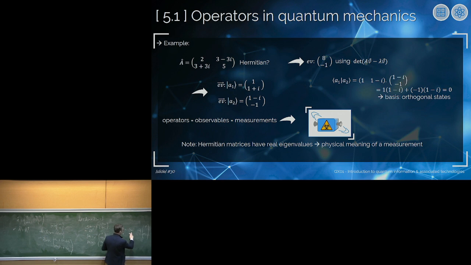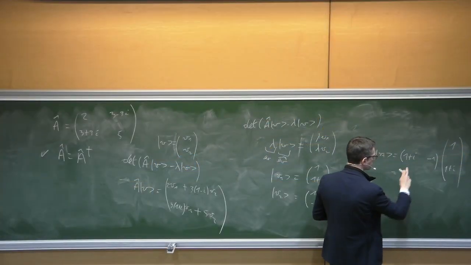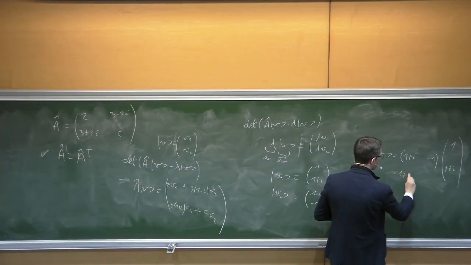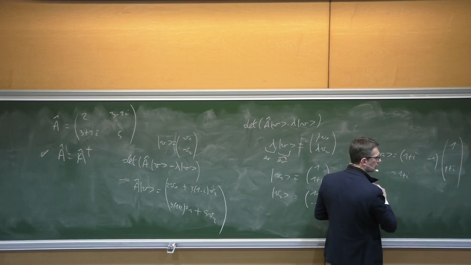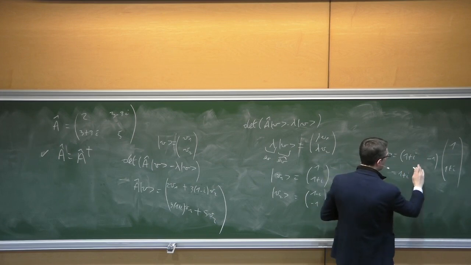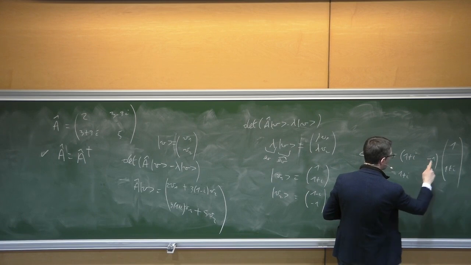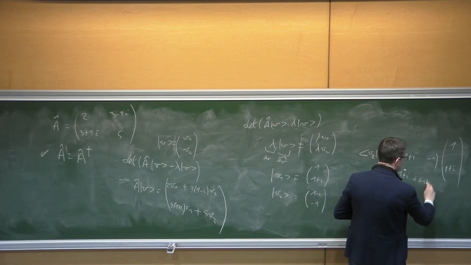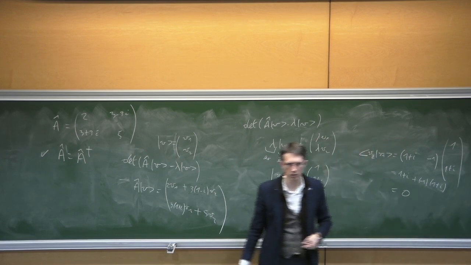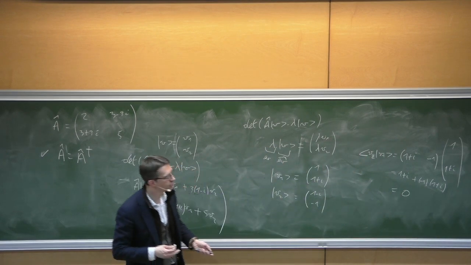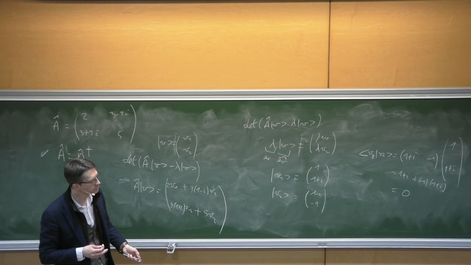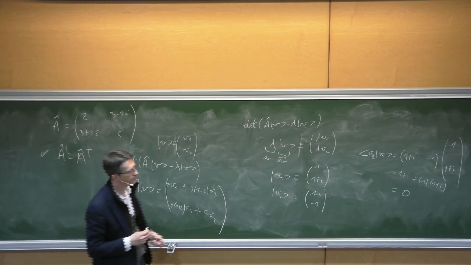Excuse me. And so if I multiply this, I have 1 plus i, minus 1 times 1 plus i. And this is going to give me 0. So I do have indeed orthogonal states.